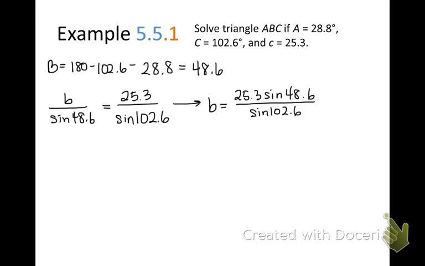The one thing to watch for, you guys, is that your calculator is going to be opening parentheses for the sine here. Make sure you close this parenthesis before hitting your division key. Do not round anything until you have got all of this. What do you guys get? And we'll round it to the nearest hundredth place, but again, don't round mid-problem.